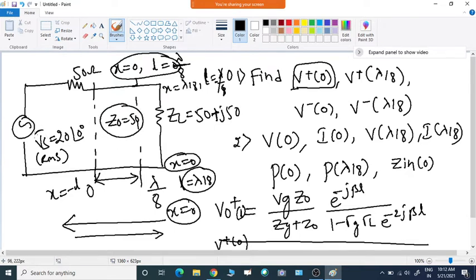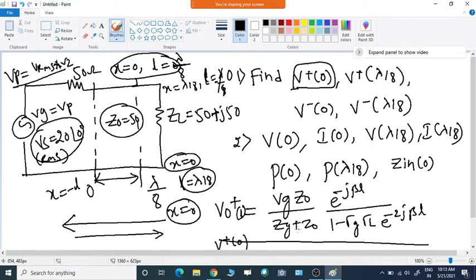Vg is nothing but your Vs, but here it is the RMS value, and we generally take the peak value, which is RMS value into root 2. So the generator voltage Vg, the peak voltage Vp, we need to take it.